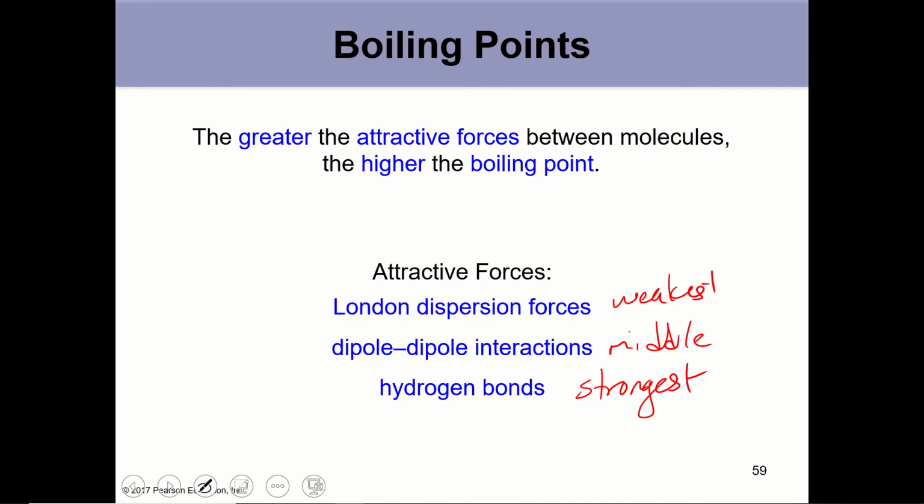Boiling points. The greater the attractive forces between molecules, the higher the boiling point. So as attractive forces increase, the boiling point of molecules of similar structure increases. London dispersion forces are the weakest type of attractive forces we will discuss. Dipole-dipole interactions are a middle strength attractive force, and in this class, the strongest attractive force we will experience is hydrogen bonds.